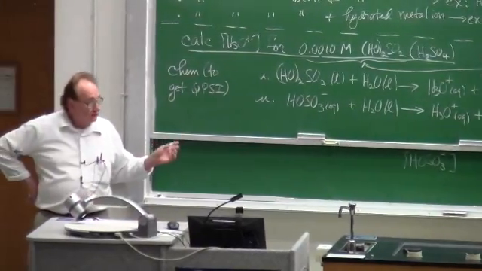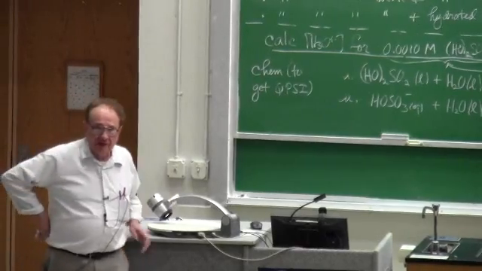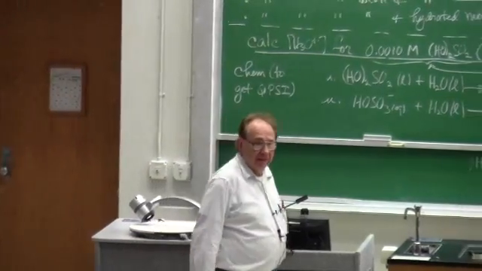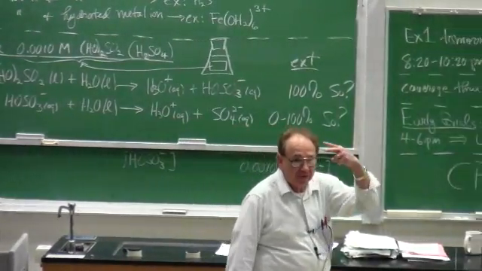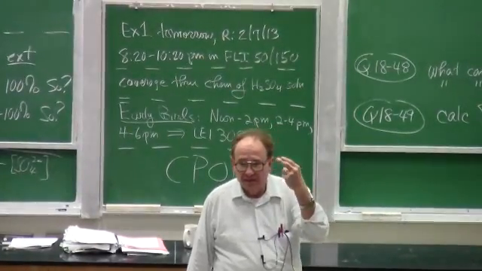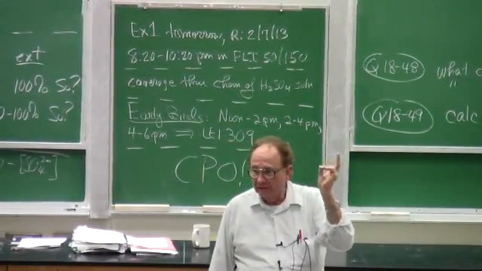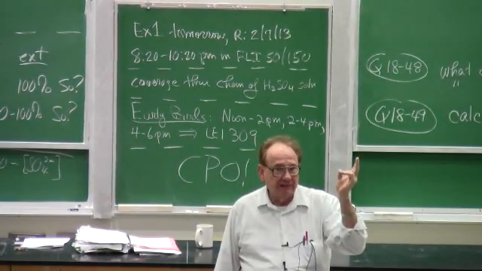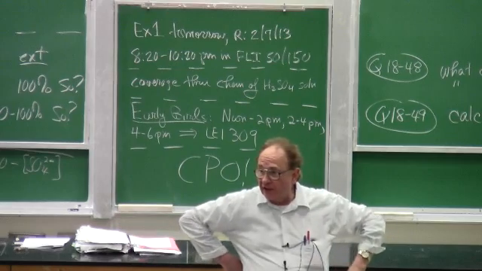And Ka for that stuff is 1.2 times 10 to the minus 2. Now, what have we learned about ionization extent? We learned that ionization extent depends on two factors. What are the two factors? Ka, how strong is the acid? This acid is pretty strong as far as weak acids are concerned.